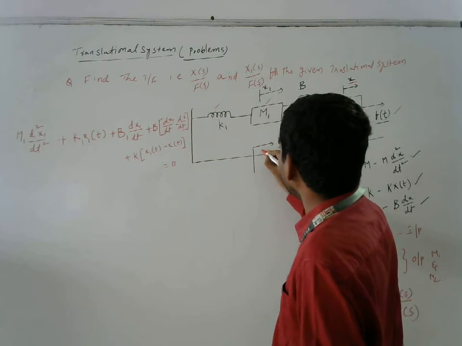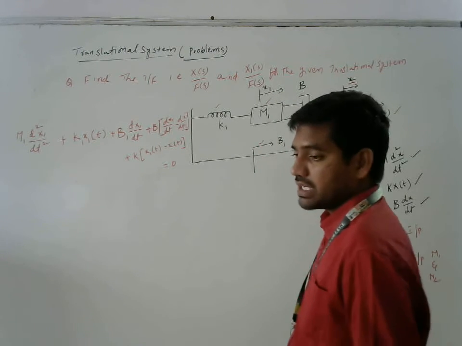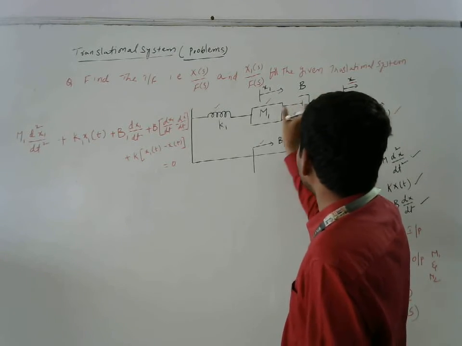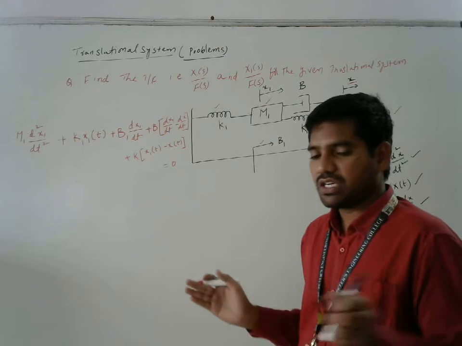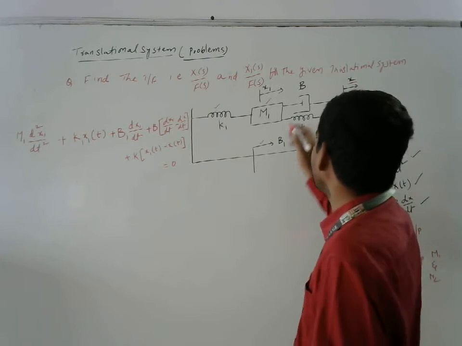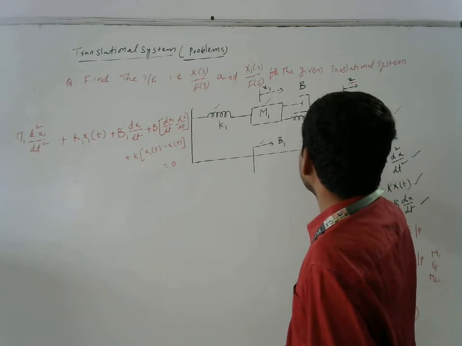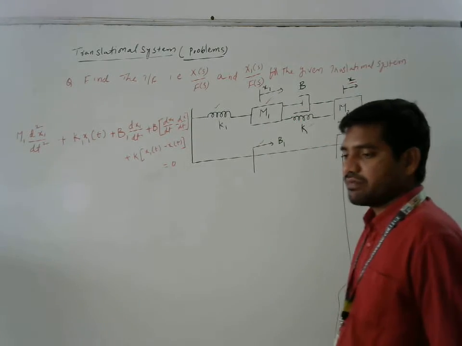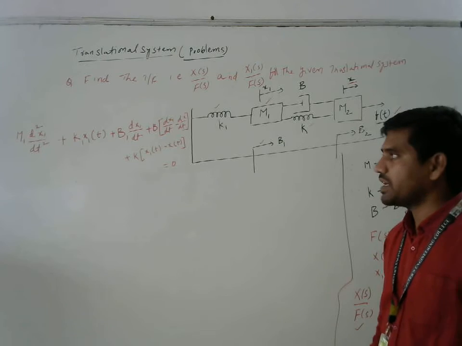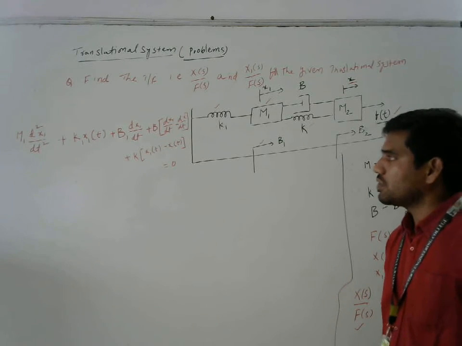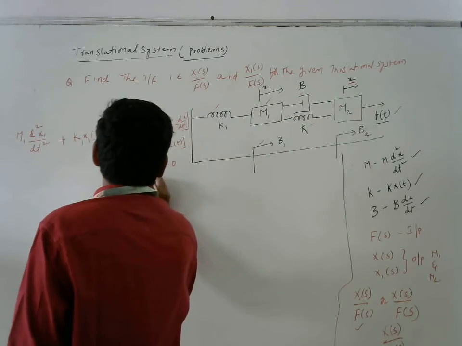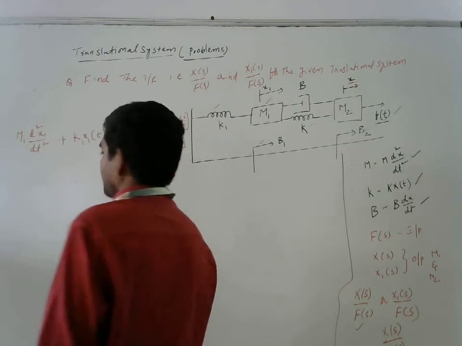After that, b1, this is also connected, right? After that, damper b into the difference between the two displacements, so you have to write x1 of t minus x of t. Similarly, the spring k. After that, is there any element connected to that mass m1? We need to check. There is no other element connected to that mass m1. This is the first differential equation.